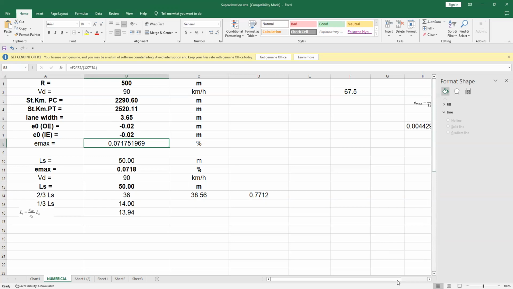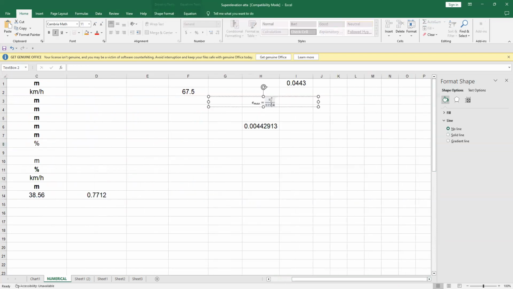We can calculate super elevation from this formula, E maximum equals V square over 127 R. Now, we must understand that this formula is different from the conventional formula in which we write R minimum equals V square over 127 (E plus F).